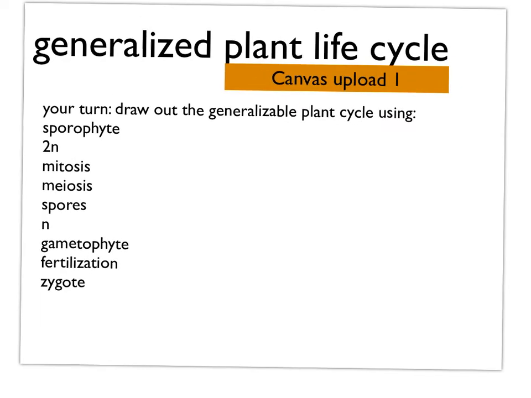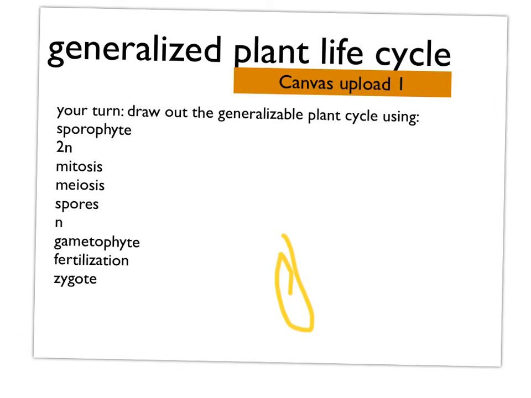Okay, so here we could draw a generalized life cycle. We'll start with the sporophyte. Okay, so here's a sporophyte, and that's 2n.